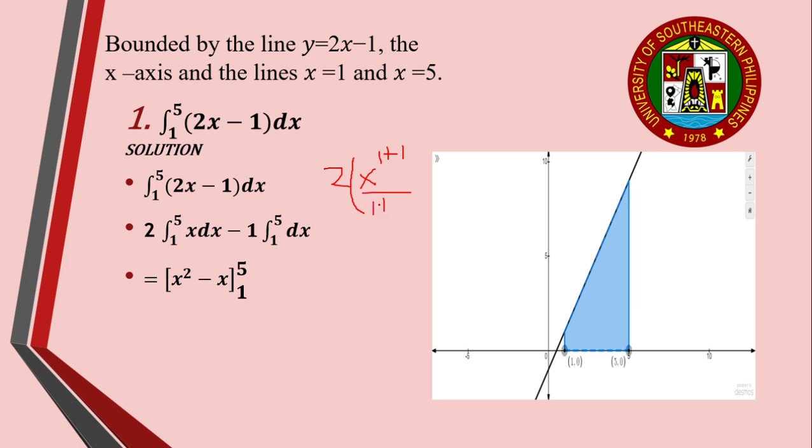So 1 plus 1, 2x squared over 2. As you can see here, since 2 over 2 is equal to 1, we could cancel this, so what we are left with is x squared. Does it make sense why it became x squared? So it makes sense now.